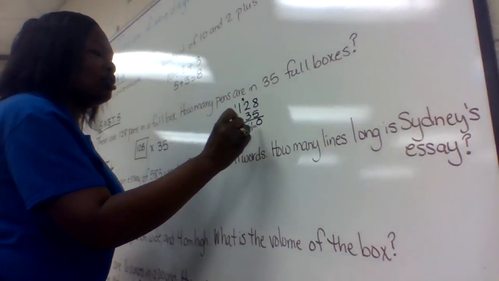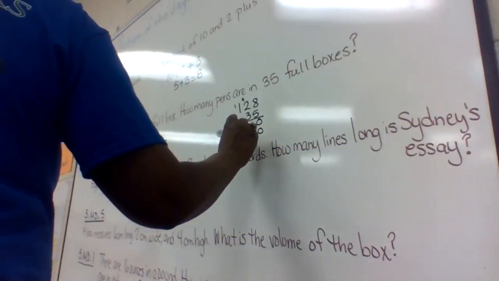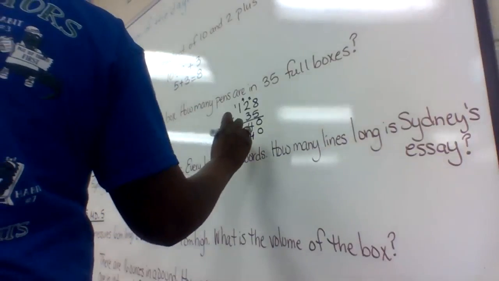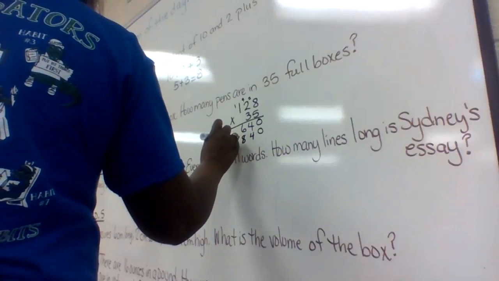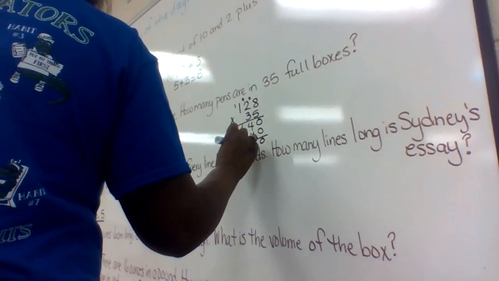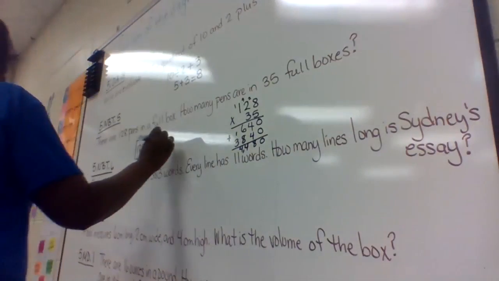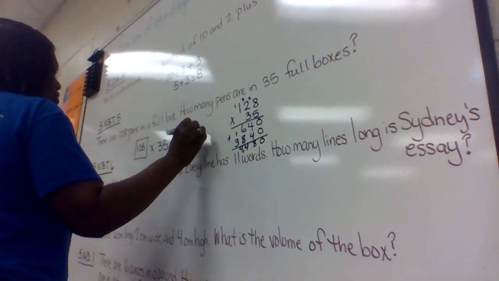All right, second row, start with a 0. 8 times 3, 24. Carry your 2. 2 times 3, 6. 6 plus 2, 8. 3 times 1, 3. Then add: 0, 8, 14, 4. So 4,480 pens. That's what your answer should be.